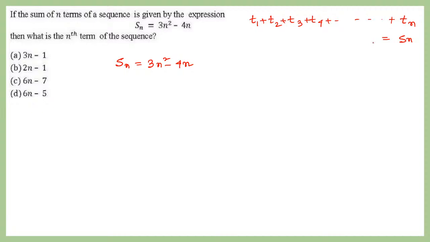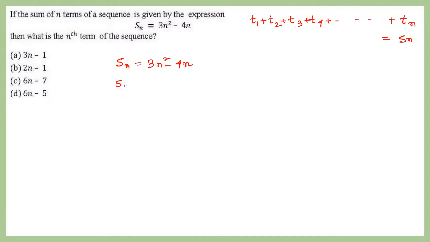That is, if we take the sum of the first n terms, then we will get it as Sn, and that is Sn equal to T1 plus T2 plus T3 plus T4 plus ... plus Tn, right? So we can write this Sn as 3n square minus 4n.